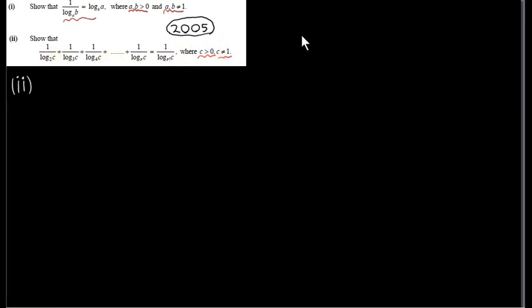Well, if we try to calculate log to the base 2 of 1, say, for this first term here, we get 0, because 2 to the power of 0 is 1. But then the first term is going to be 1 over 0, and we cannot divide by 0. So these denominators cannot be 0. They will be 0 if c is 1. So c cannot equal 1, basically, if we don't want division by 0.